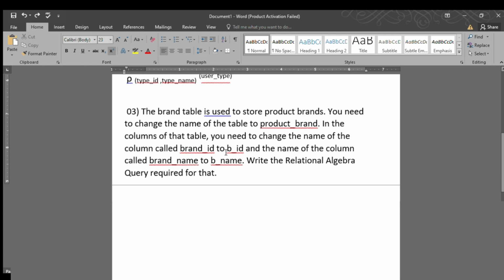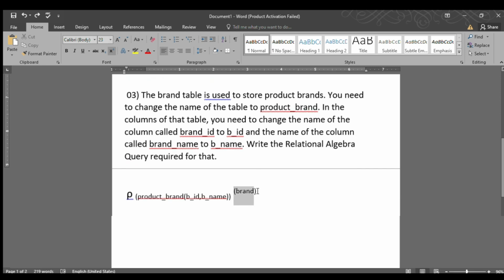Here also you want to rename the table that has been given, and rename some columns in the table. The table name is brand, so we put it as the superscript, and the subscript goes to product brand, bid and b name.